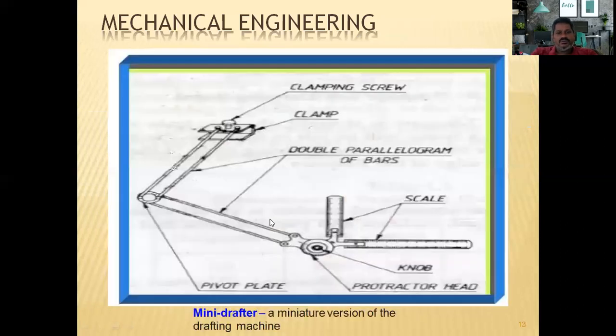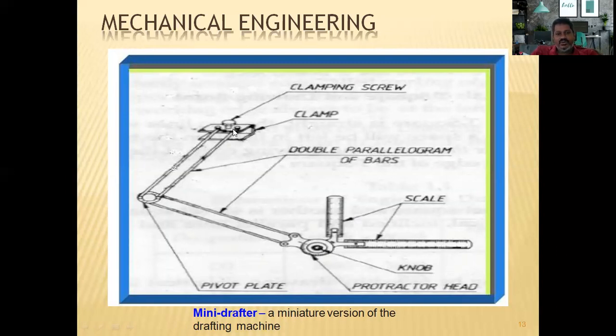Okay, so now let us see what a mini drafter is. It is a miniature version of the drafting machine that you can see here. This consists of a clamping screw and clamp.